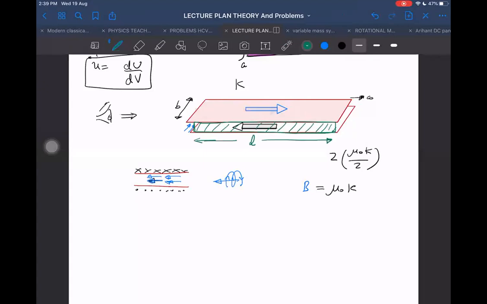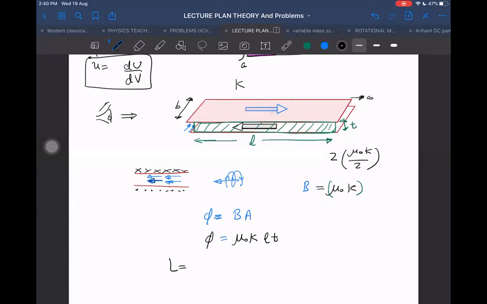Let the gap be T. So L into T is the area. And because the magnetic field is uniform, we can simply say phi is equal to B into area, which will be equal to mu naught into K into length into thickness.